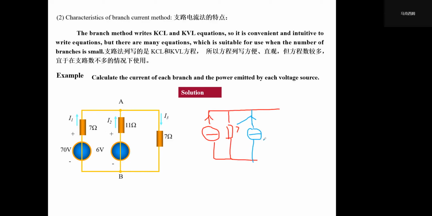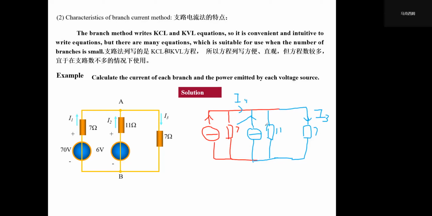Transform it into a current source with a parallel resistor of 11 ohms, and you see that, right? And we also know that this part is I1 and this part is I3.